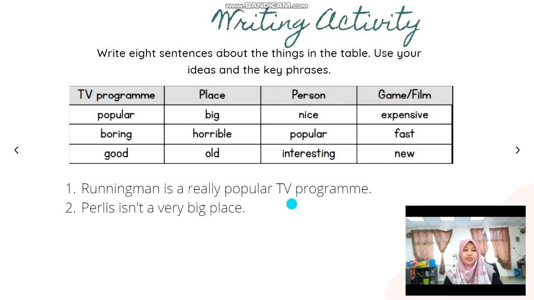I use the adverb of degree really, popular the adjective, TV program. The second sentence, Perlis isn't a very big place. I use isn't very, adverb of degree, big, adjective. You have to do your own sentences using these vocabs.